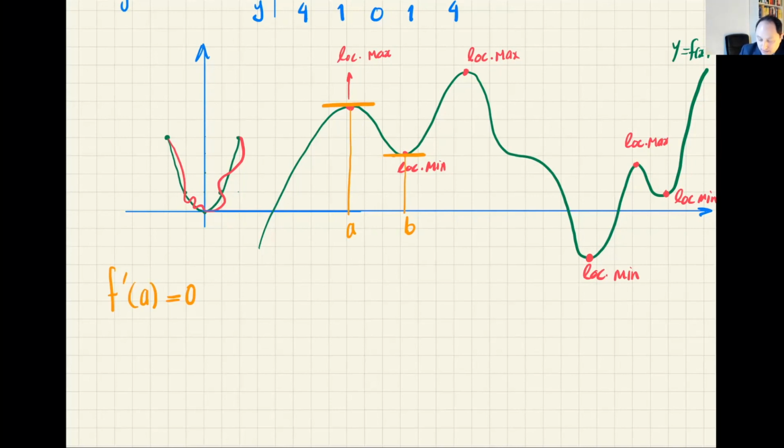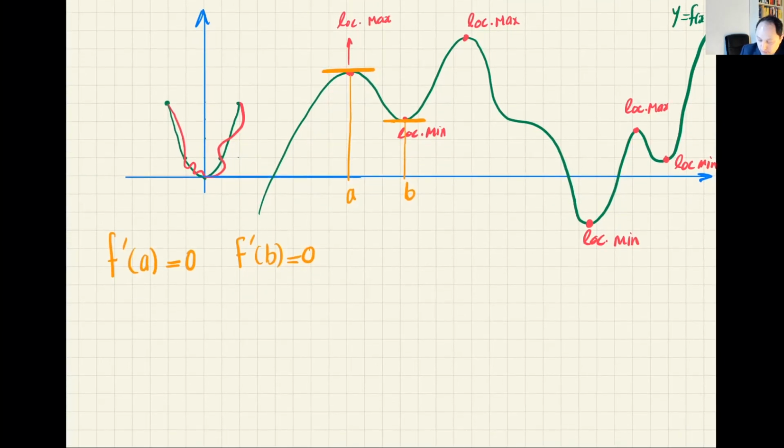And because the tangent is horizontal, the derivative at that point is also 0, because the derivative at the point gives you the slope of the tangent line. On the other hand, we see that the line is horizontal, so the slope is 0. So if I ask you what is the derivative at this local minimum, you will also answer that this is 0. Okay.